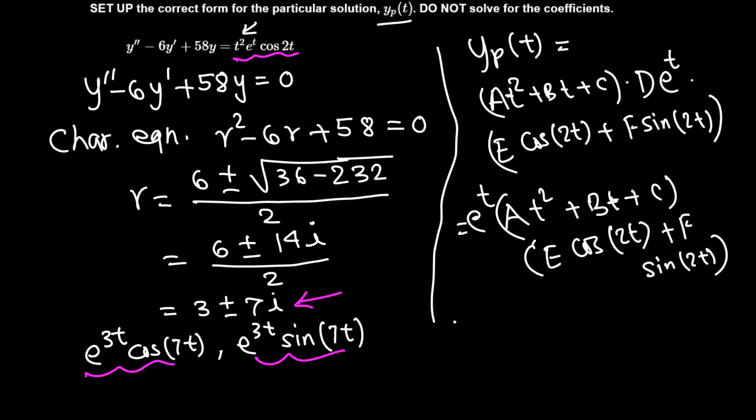Now in fact we can do even better than this. Let me write over here. When we multiply this polynomial with these two terms, there are two but these constants are different, e and f, a times e, b times e, c times e, so there will be new constants, but a times e can be renamed as a, b times e as b, c times e as c, and when we do a times f, that should be different than a times e, so we need to rename in a different way.